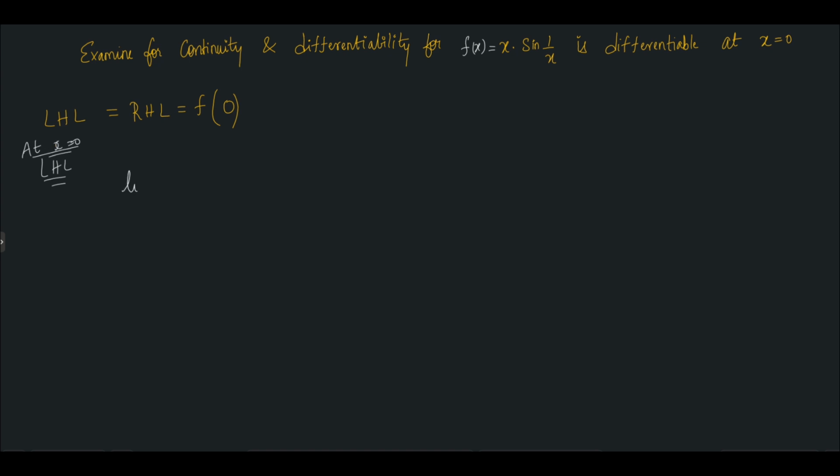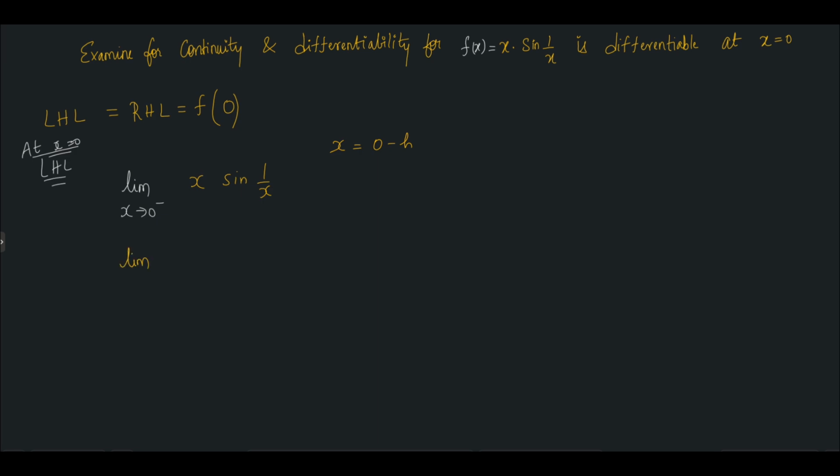The left hand limit will be limit x approaches 0 minus of x into sine 1 by x. How do you solve from here? What do you get? x is equal to 0 minus h.